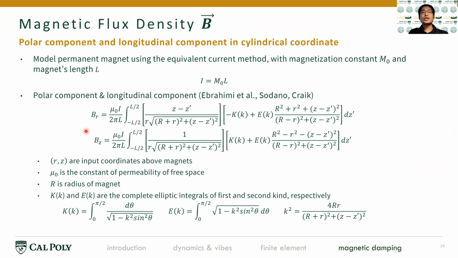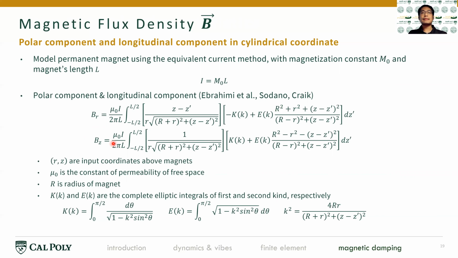And these two equations right here show the polar or radial components, and the longitudinal or vertical components of the magnets. These equations can be found in a couple of research papers by Ibrahimi or Giordano, and in the textbook shown by Craig.